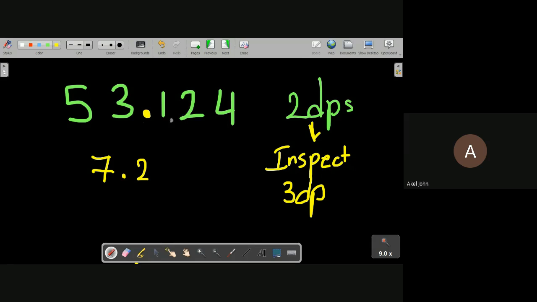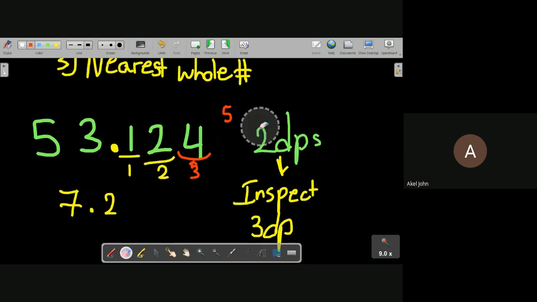So the first decimal place would be 1, the second decimal place would be 2, and since they ask us for 2, we need to then inspect the third decimal place. So the third decimal place would be the 4, and now if it's 5 and more, you need to add 1 next door. But in this case, it's 5 and less, so therefore you need to let it rest.